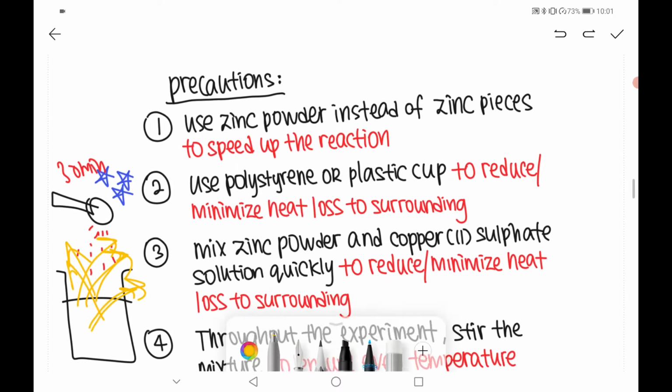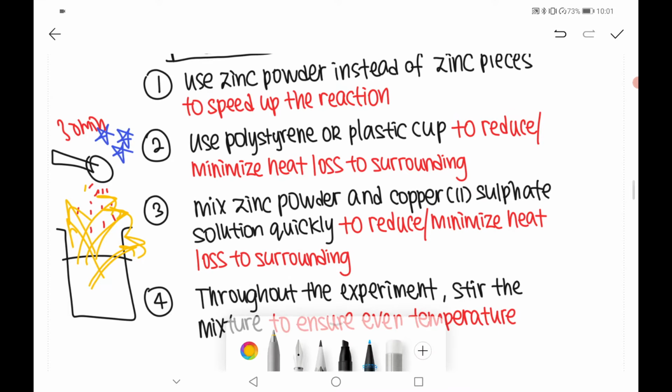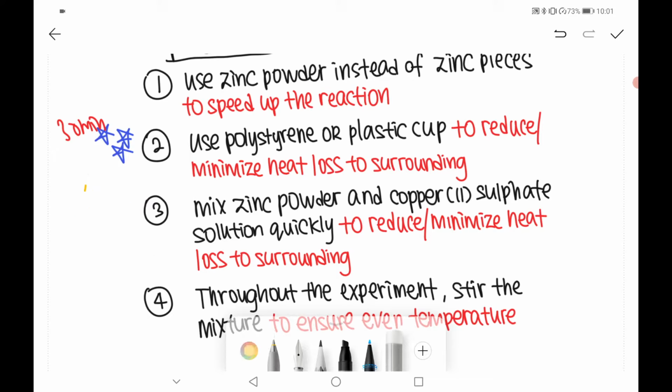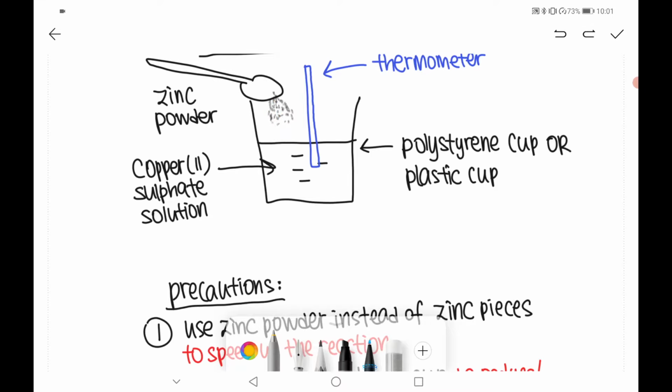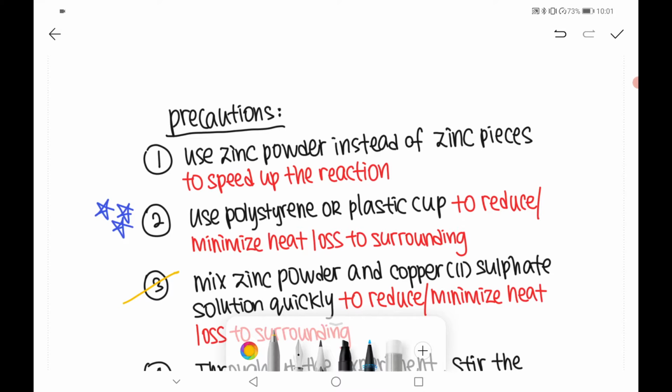So if we take a long time to mix them together, all the heat has already run away. So we want to mix very quickly, because if we mix very fast, very little heat will run away. So next one.